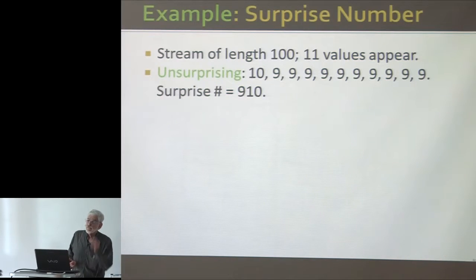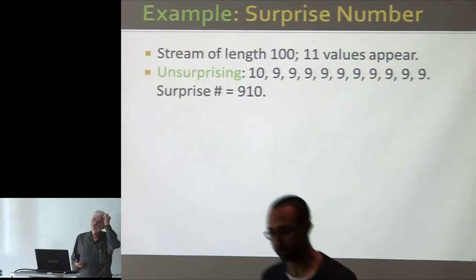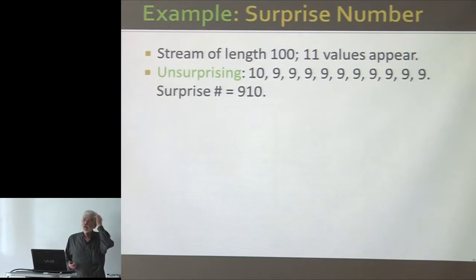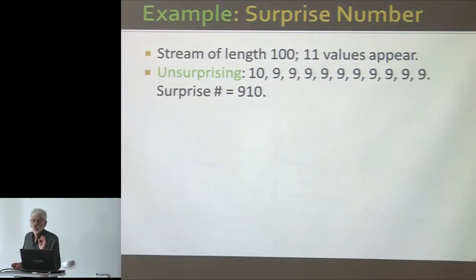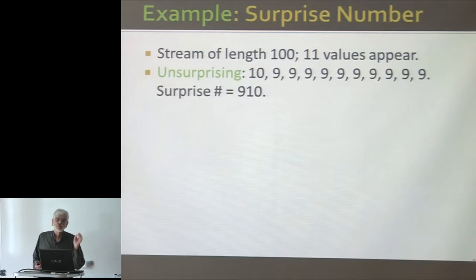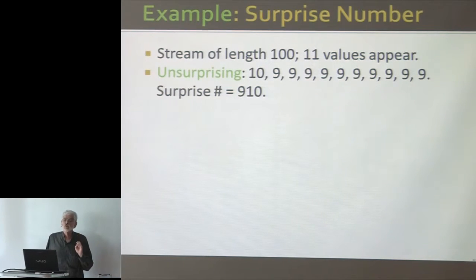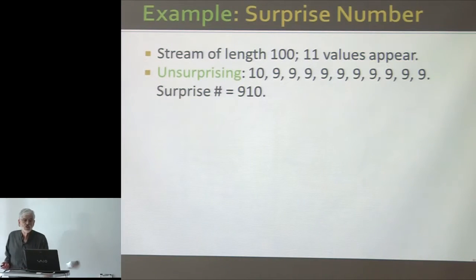So since there are 11 values, what would happen is 1 would appear 10 times, and the other 10 would appear 9 times. Now, the second moment is the surprise number, so you sum the squares of those numbers, you get 10 squared plus 10 times 9 squared, that's 910. And that's the smallest possible surprise number in this situation.